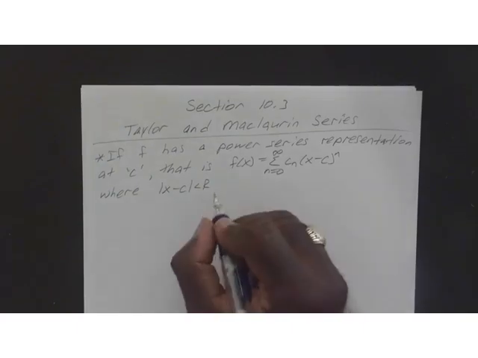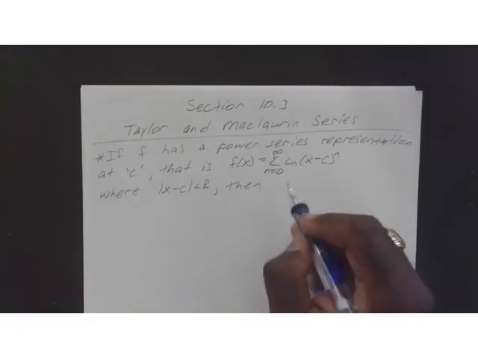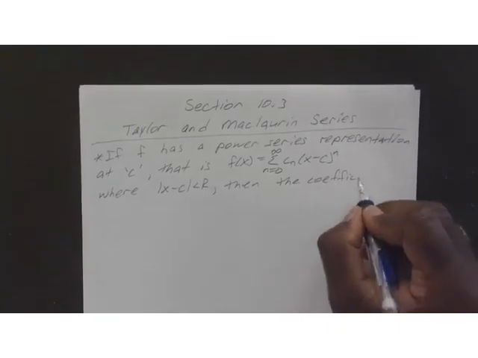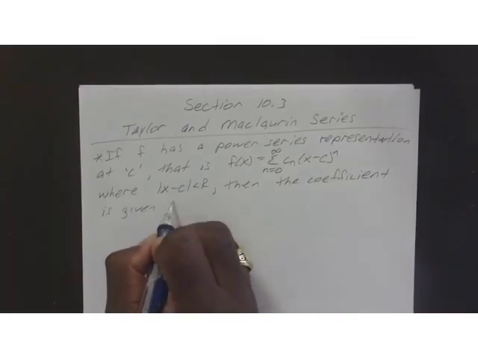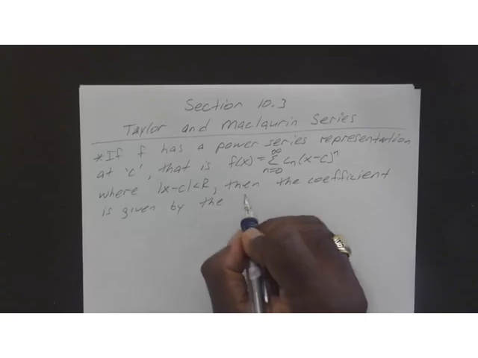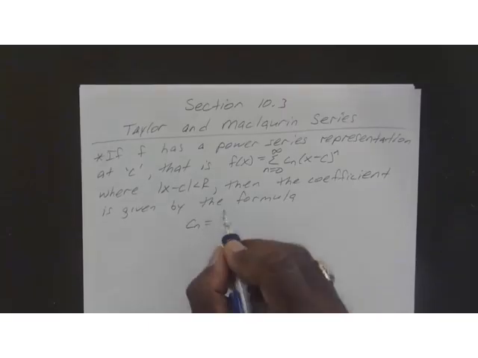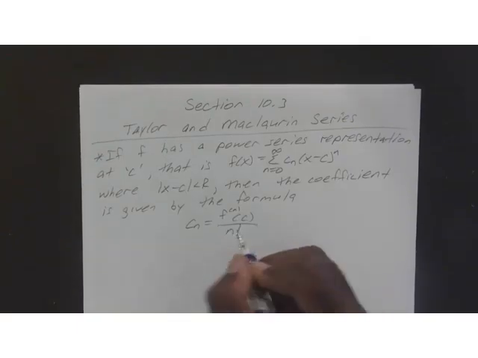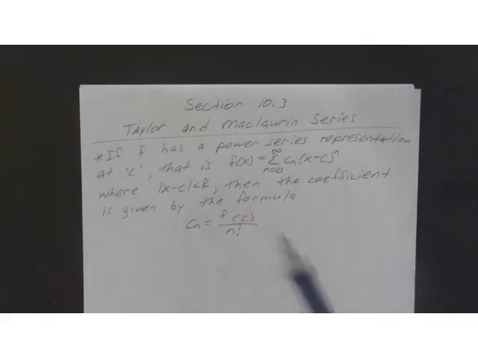Okay. So if it meets these stipulations, then we know that the coefficient is given by the formula c sub n is equal to the nth derivative at c divided by n factorial. And make that n in parentheses.